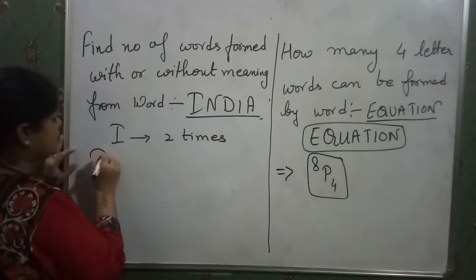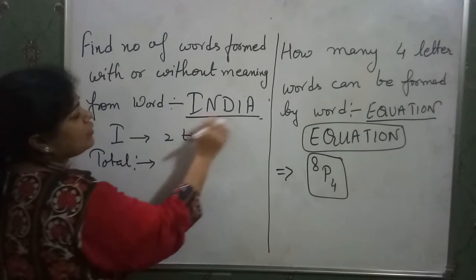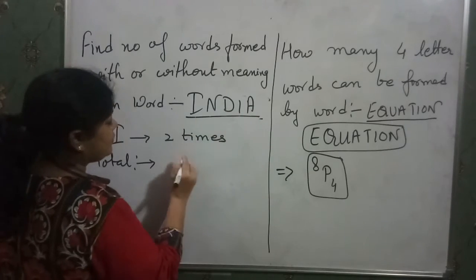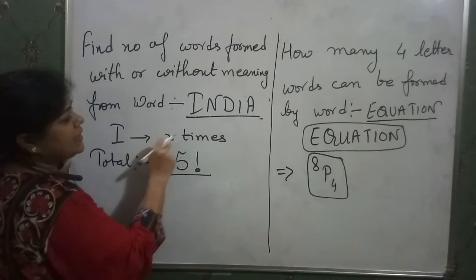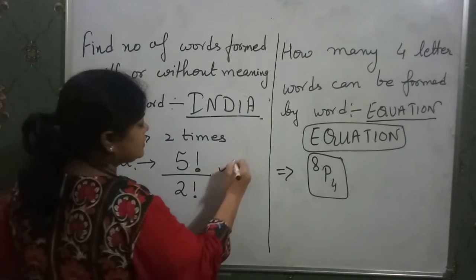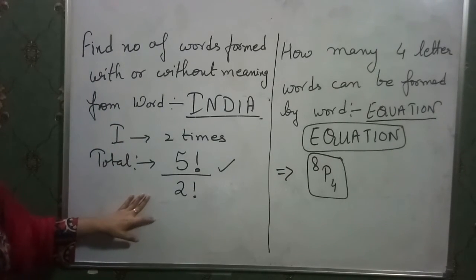So the total number of words formed is, just count all of them, 1, 2, 3, 4, 5: 5 factorial, divided by the repeated letters, which is factorial 2.